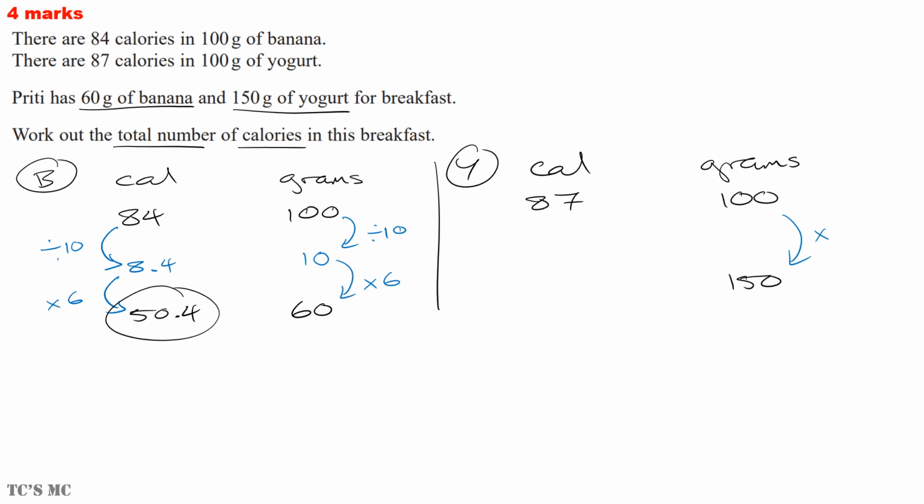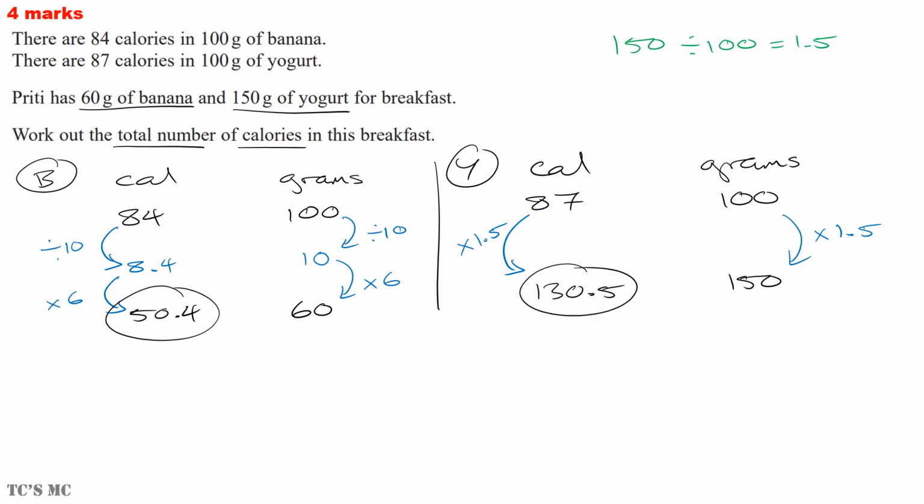I'm just going to do a quick calculation at the top. 150 divided by 100 is 1.5. That means 100 multiplied by 1.5 must be 150. Do the same on the other side. Multiply by 1.5, and that is 130.5. That's my second mark.